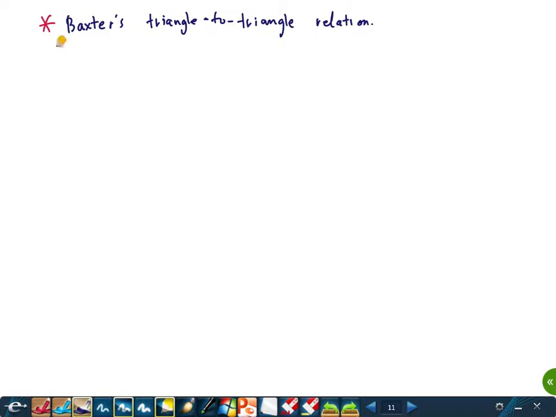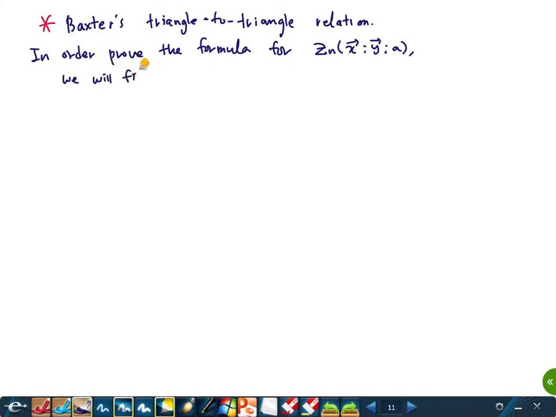So in order to prove the formula for Zn, we will first prove that Zn is symmetric in x1 to xn and symmetric in y1 to yn.